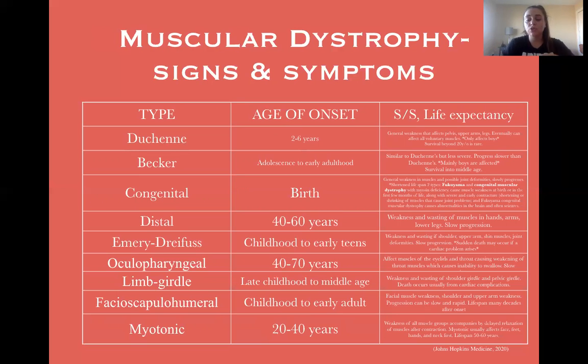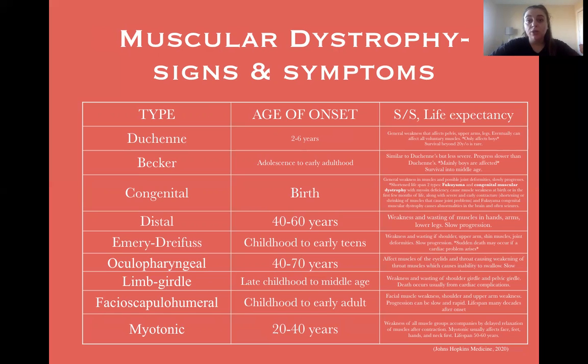It affects the facial muscles, shoulders, and causes upper arm weakness. It is a progressive disease that generally starts off slow, but then the patient is going to rapidly deteriorate. Their lifespan: they generally will survive a couple of decades after their onset.